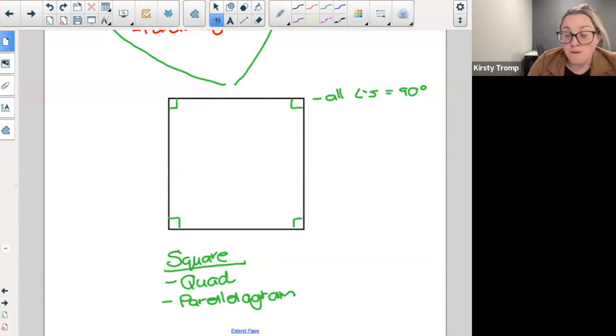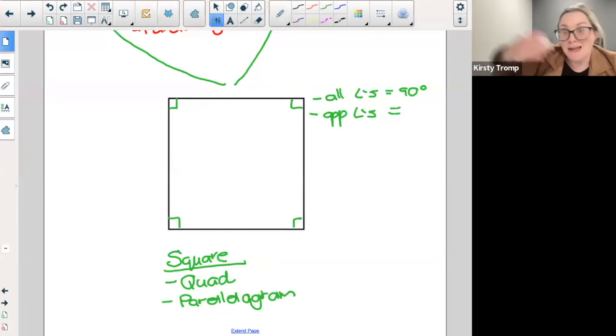That's the very first thing about a square. All the angles are 90 degrees, which means that the opposite angles are equal, because they're all equal to 90 degrees.